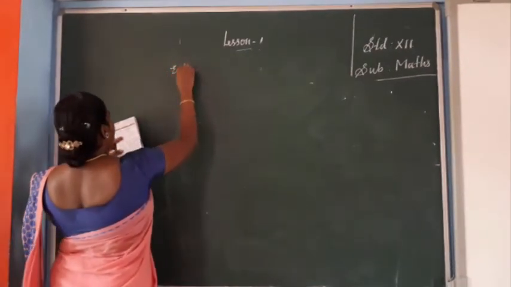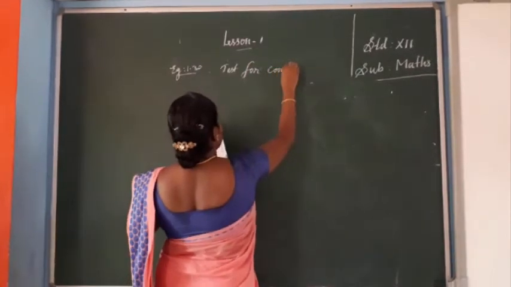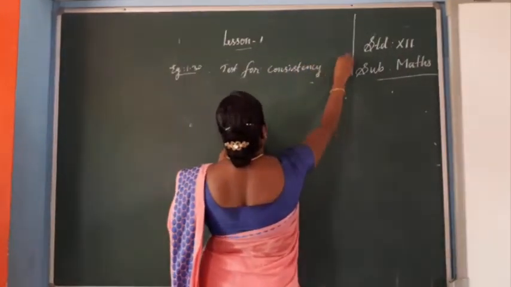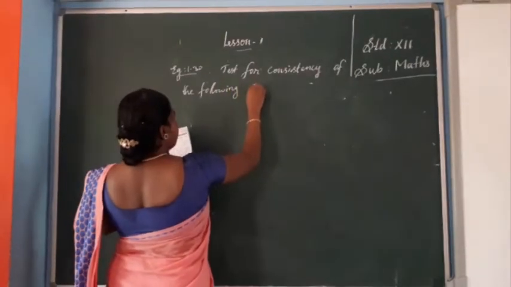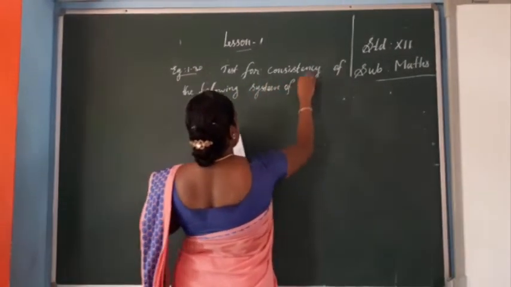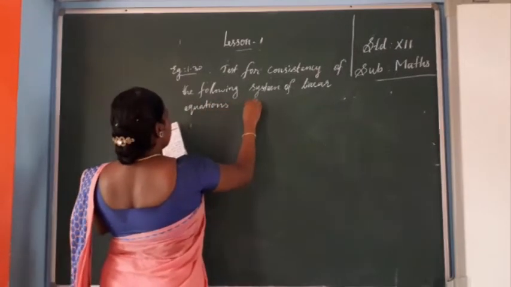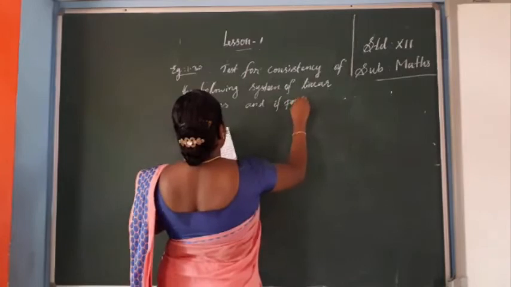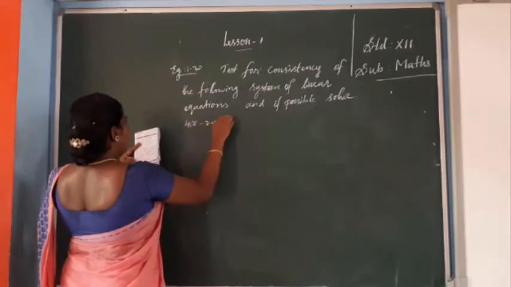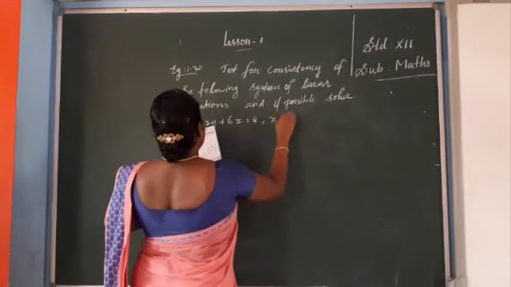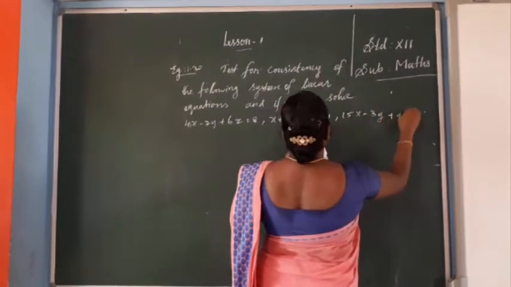Example 1.30. Test for consistency of the following system of linear equations and if possible solve: 4x minus 2y plus 6z equal to 8, x plus y minus 3z equal to minus 1, 15x minus 3y plus 9z equal to 21.